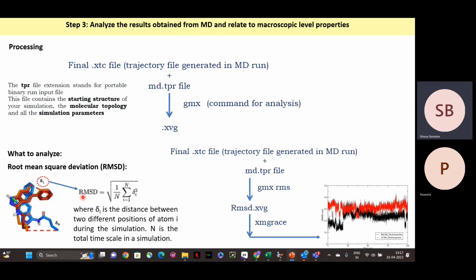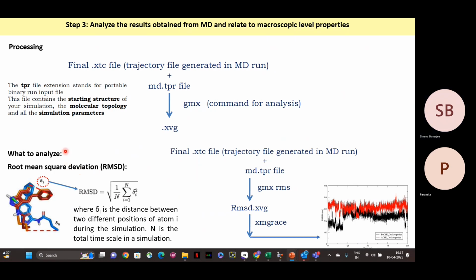Suppose we take the initial position as our reference. The difference of a particular atom at 10 nanoseconds from the initial position, at 20 nanoseconds from the initial position, all of them are added together and divided by the total time of the simulation, and the whole square root is taken to get the root mean square deviation.